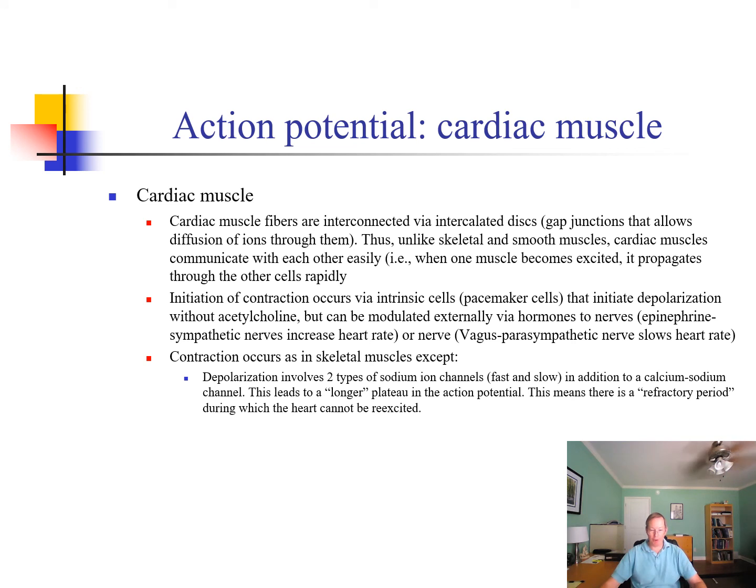And remember further that in the heart, I have in the SA node of the right atrium a set of intrinsic pacemaker cells that depolarize without acetylcholine. Now I can modulate them, I can have epinephrine from the sympathetic nervous system make them go faster, or also parasympathetic to slow the heart rate. But they are beating at an intrinsic rate of 60 to 100 beats per minute.